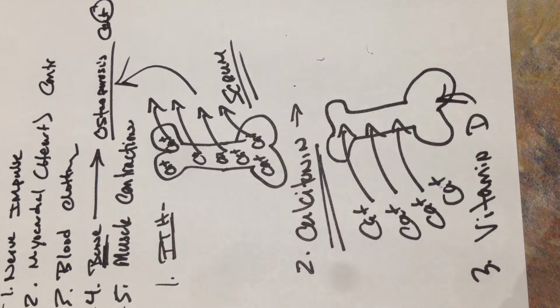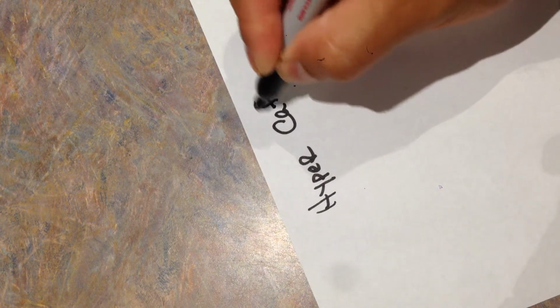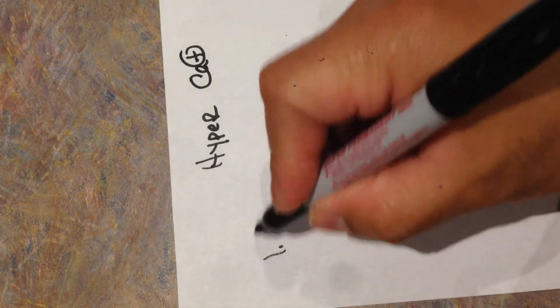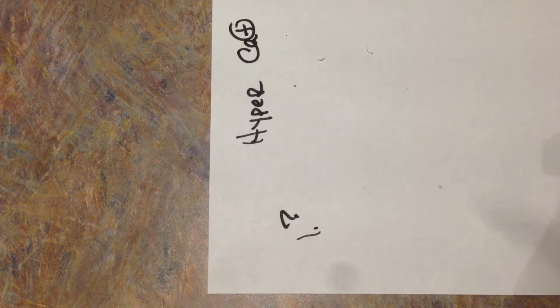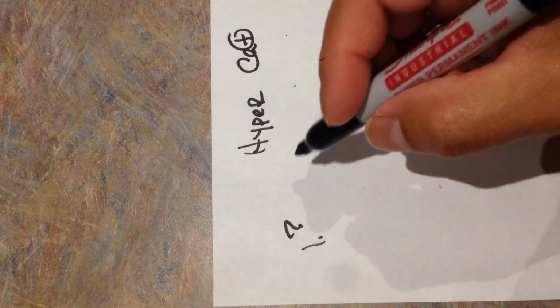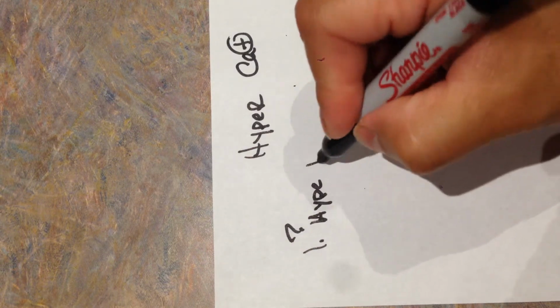Now, let's focus on hypercalcemia. What are some causes? Number 1, we just talked about how the parathyroid hormone causes calcium to move outside of the bone into the serum. Well, one cause could be hyperparathyroidism.